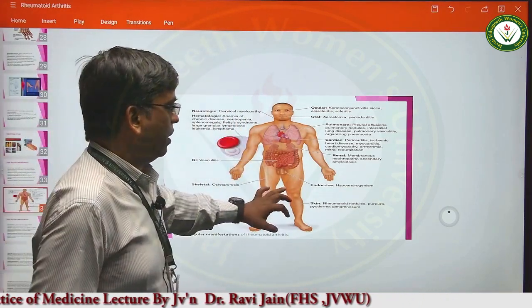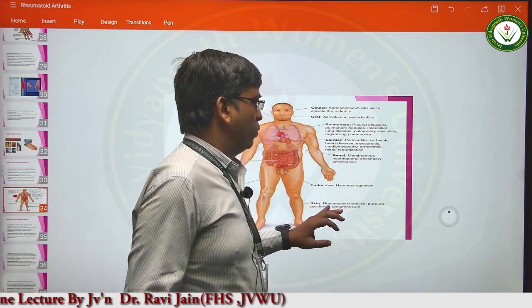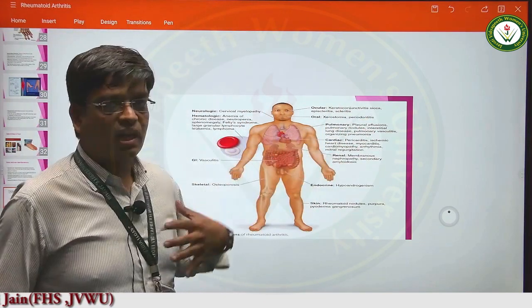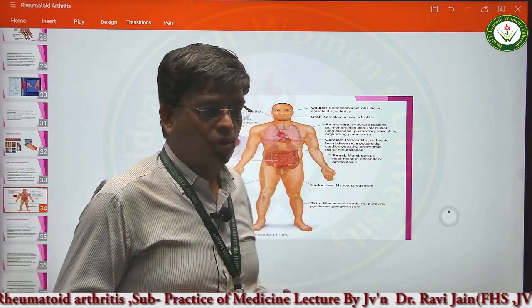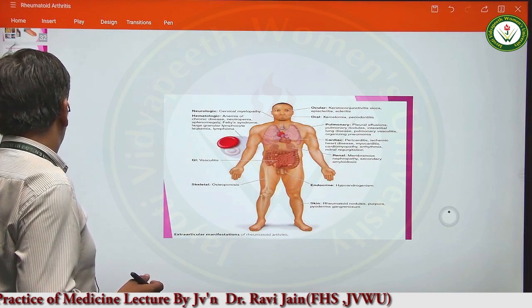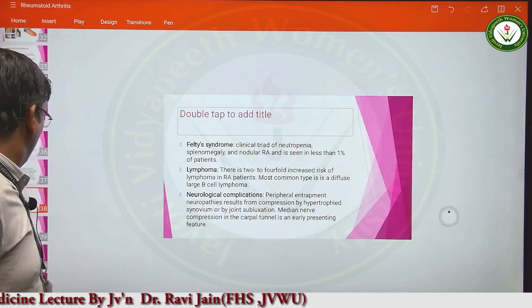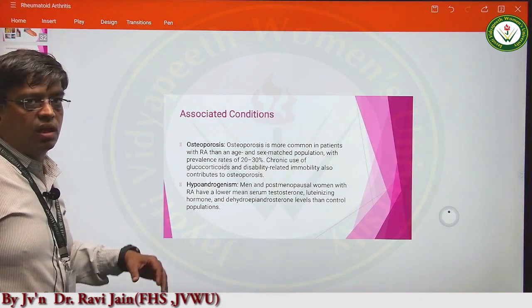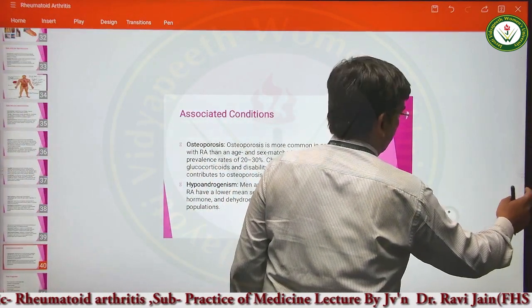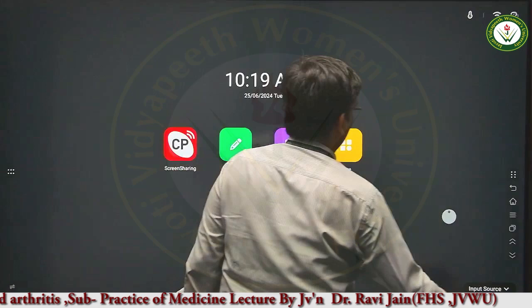Osteoporosis is there. Endocrine, in the skin there is nodule formation. Pulmonary, we have pleural effusion. Heart, we have pericarditis. Pericarditis is the most important disease condition that is responsible for the death of the individuals. We also have fatigue syndrome, lymphoma, and we have associated conditions of rheumatoid arthritis that include osteoporosis and hypogonadism.